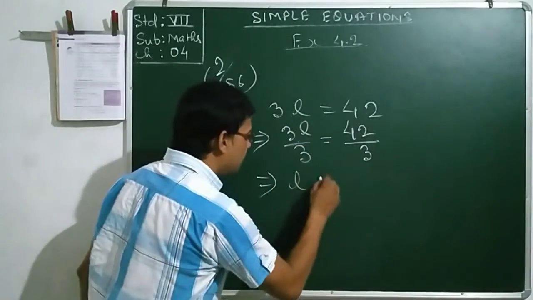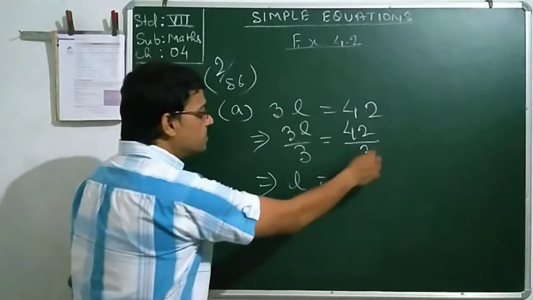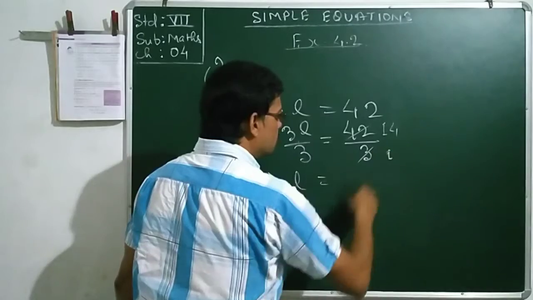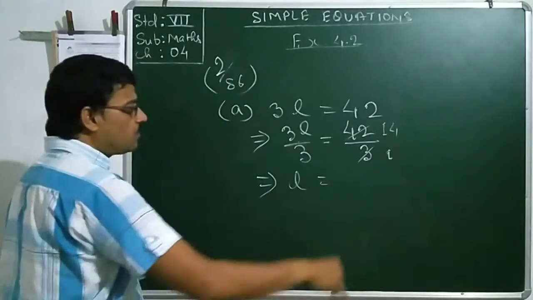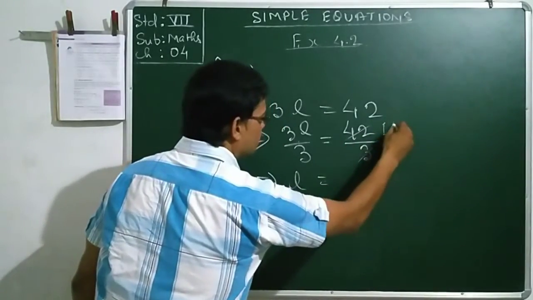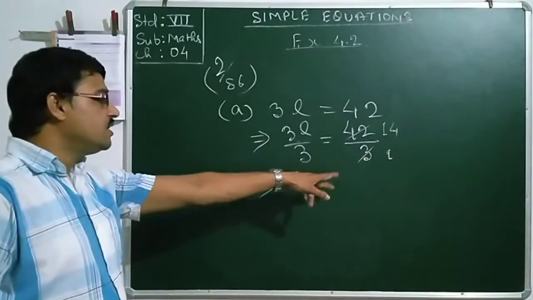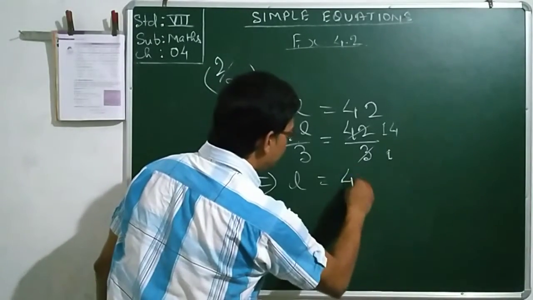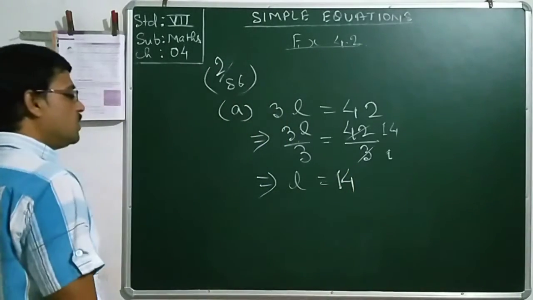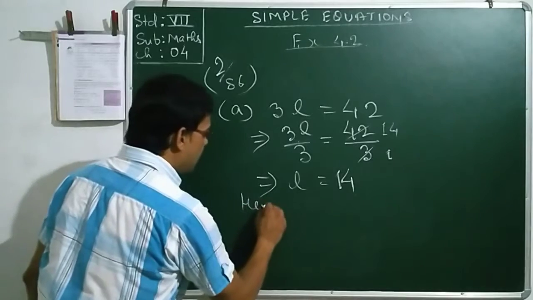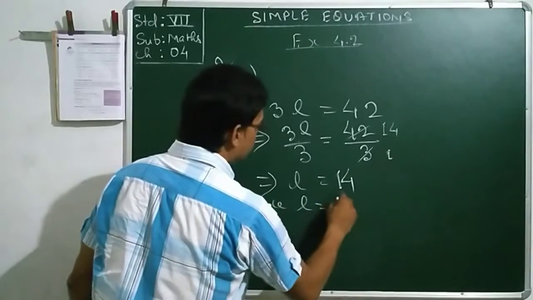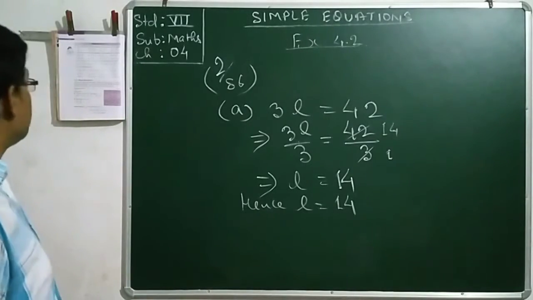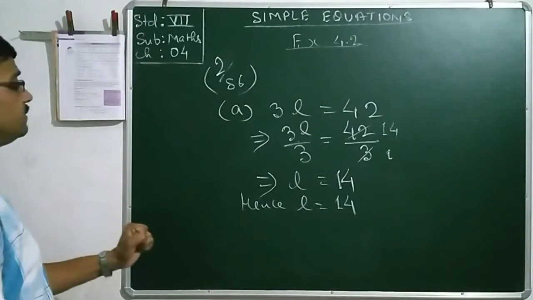We can write here l equal to 42 by 3. 14 3s are 42, so we can reduce it to 14 by 1, that is only 14 you can write here. Hence l equal to 14. You can solve the remaining sums also very similar to this one.